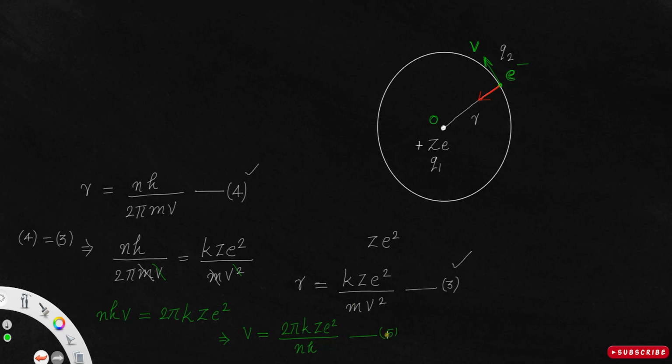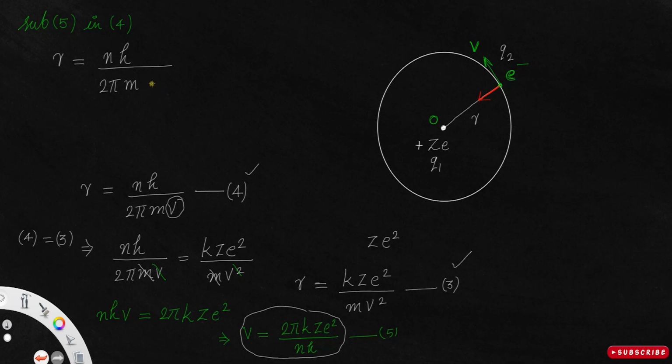Now, let me plug equation 5 into equation 4. That is, substitute equation 5 in equation 4. Then I have r is equal to nh divided by 2 pi m into v. Instead of this v, I can plug in the value from equation 5.